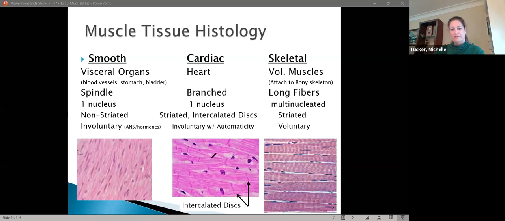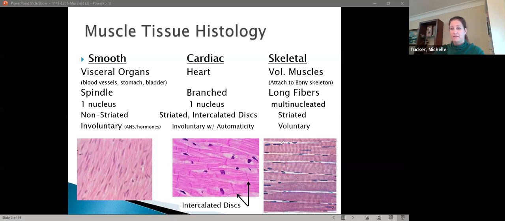Cardiac cells are going to have this branched shape with intercalated discs, and their nuclei stay very round. Okay, so that's a telltale feature of cardiac tissue, that they're going to have a round nucleus.